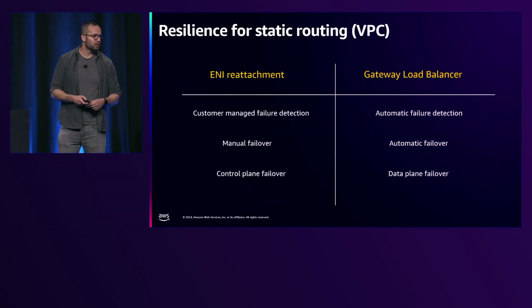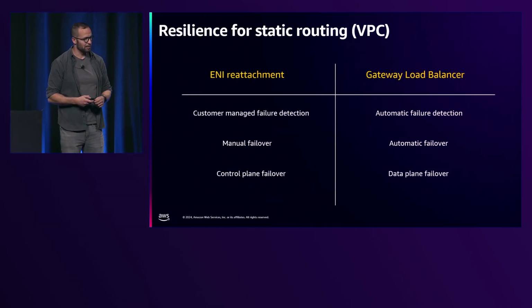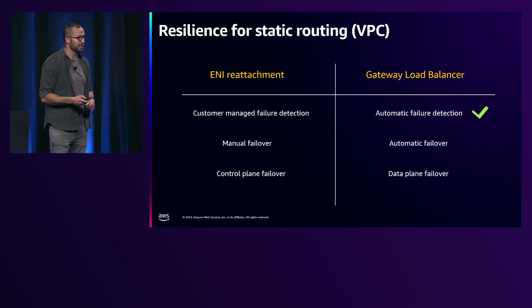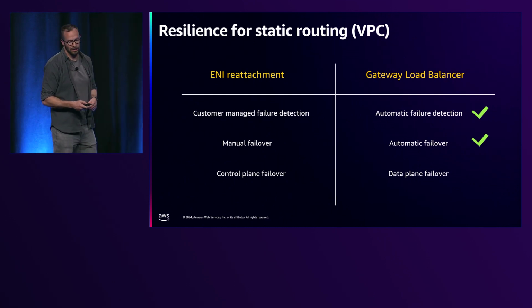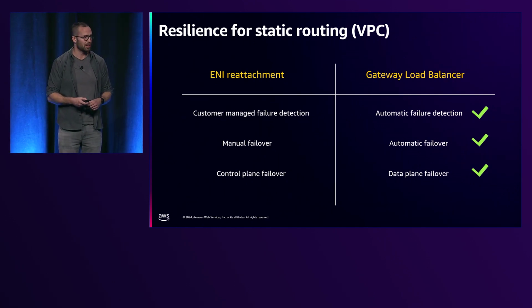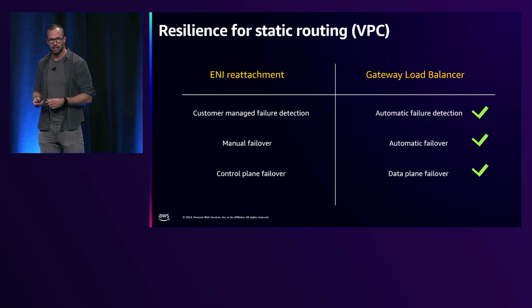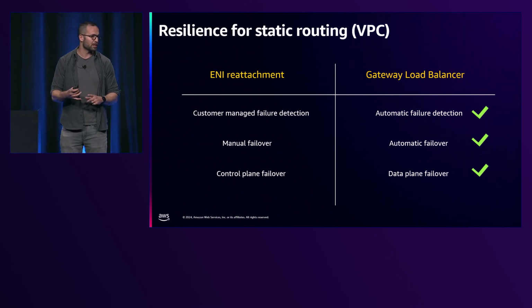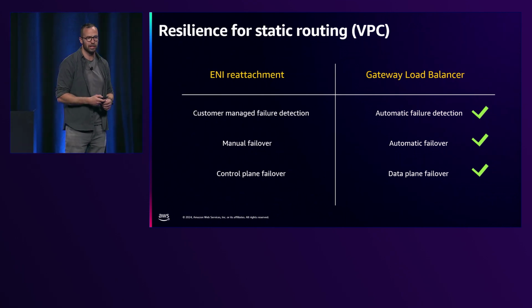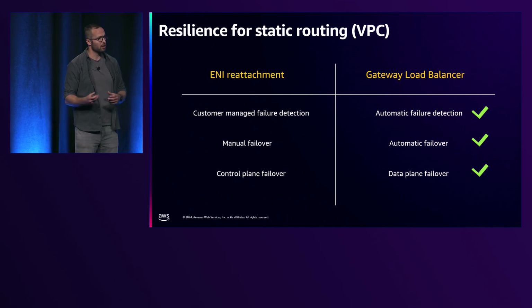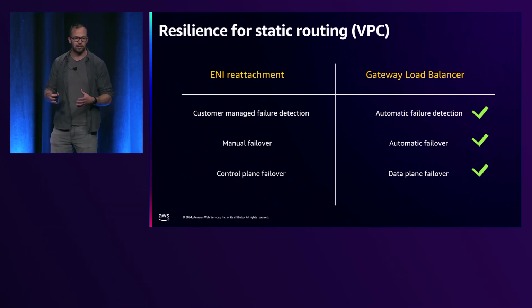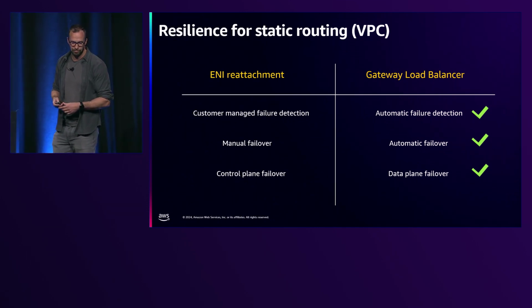So if we compare the two side by side, you can immediately see that the way to manage your network functions on AWS is through using a Gateway Load Balancer. It detects your failure, automatically moves traffic to the next appliance, and it does all of this on the data plane without you having to make any control plane changes.